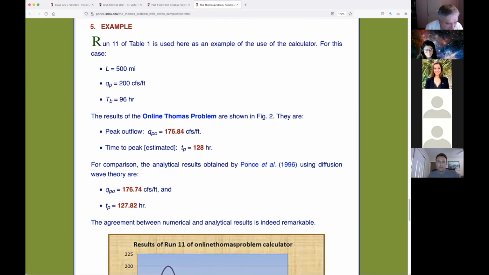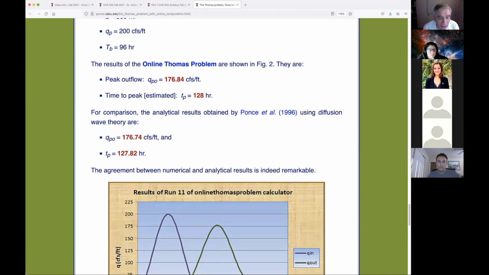The question, of course, really, we shouldn't be saying what is the exact number to the 5th decimal. In engineering, we don't even get to the 3rd, let alone the 4th. So 176 should be okay, but we came out with 176.84.